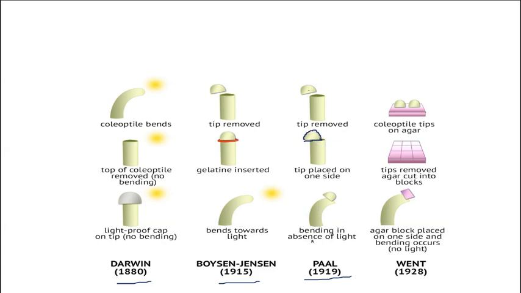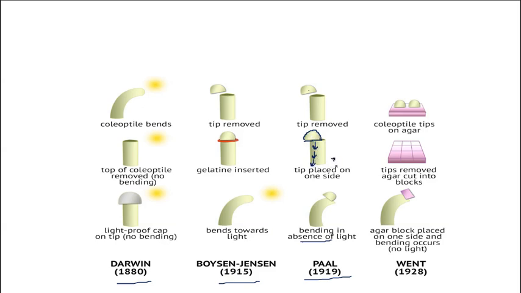It will block the passage of the auxin from the tip to the base. So in that case, no bending will occur. This experiment is to prove that auxin is a diffusible substance. Mica is not allowing the diffusion to occur, but gelatin is allowing that.